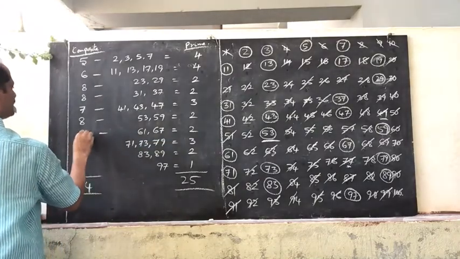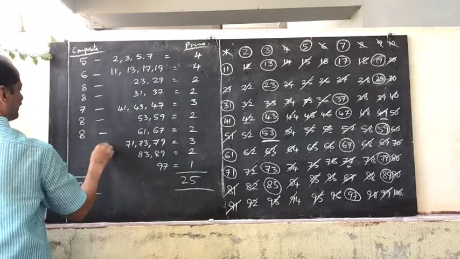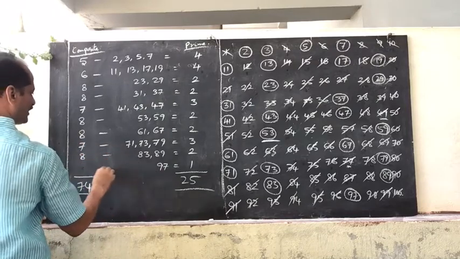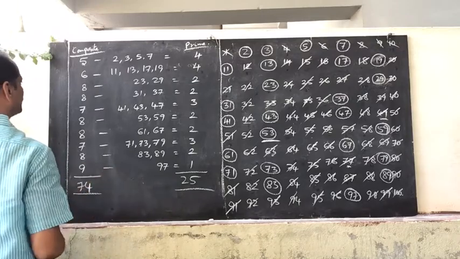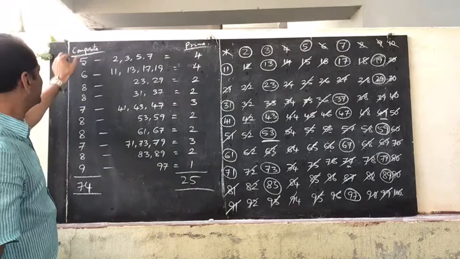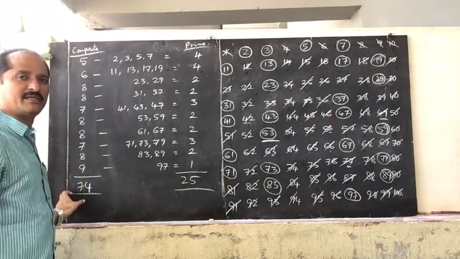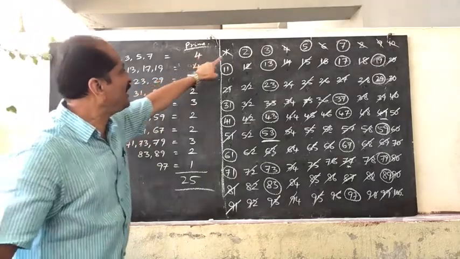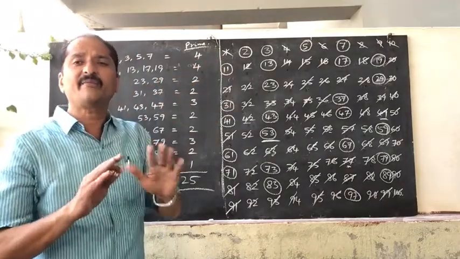Again 8 composite numbers. 3 means 7 composite numbers. 2, 8 composite numbers. 1, 9 composite numbers. So totally 74. So there are 74 composite numbers, 25 prime numbers, and 1 is neither prime nor composite.